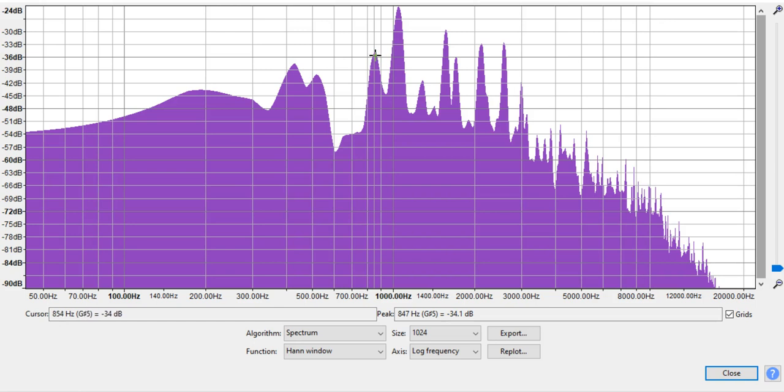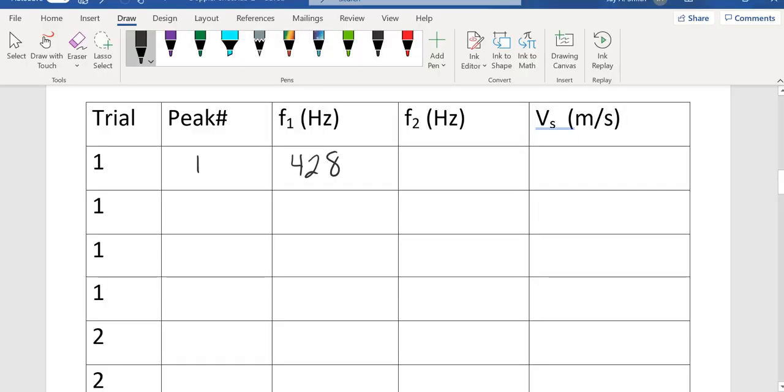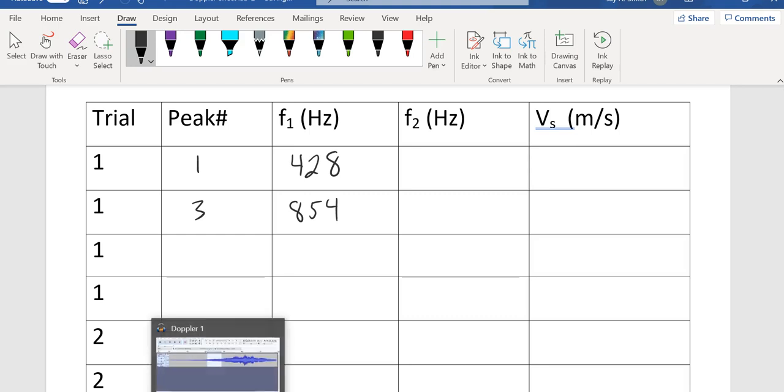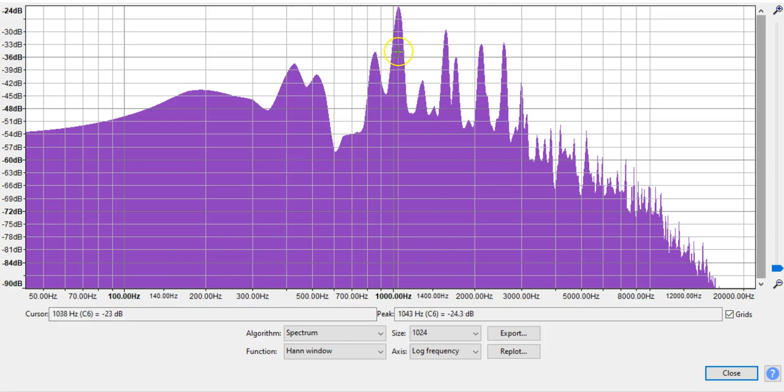Sometimes it's hard to get it right where you want it to go. 854. So I'm going to put that down, 854, and that was really the third spike. I skipped the second one. You can do any four of them that you can see.